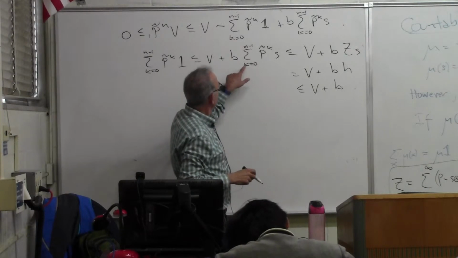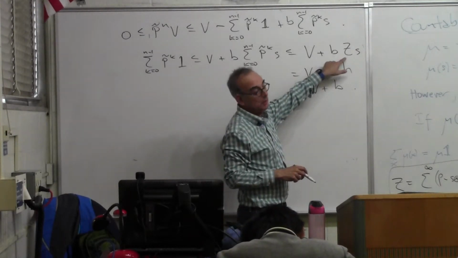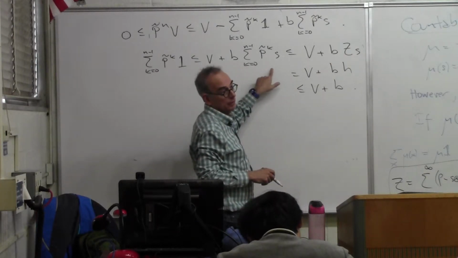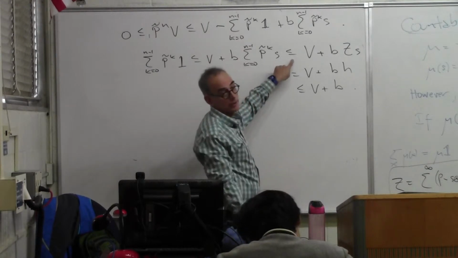So the partial sum is less than the full sum because these are all non-negative. So just instead of taking n here, just go to infinity, I get an inequality.